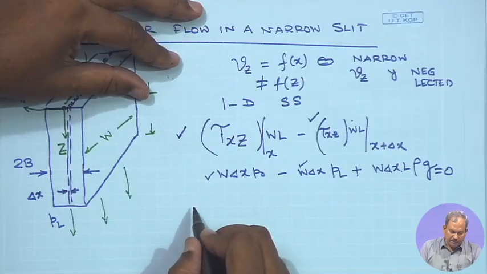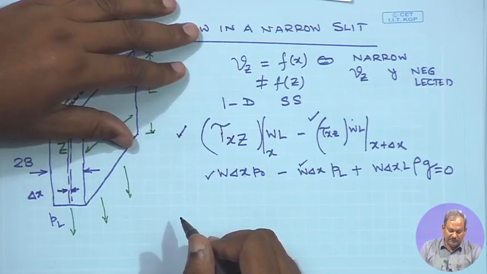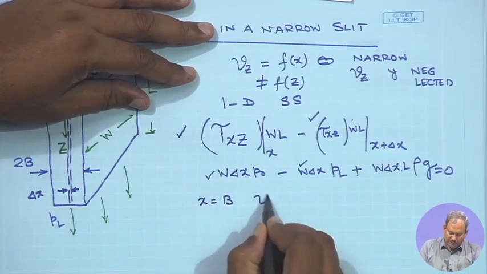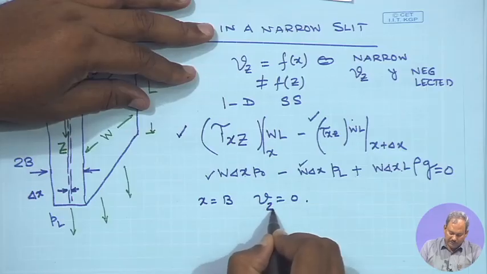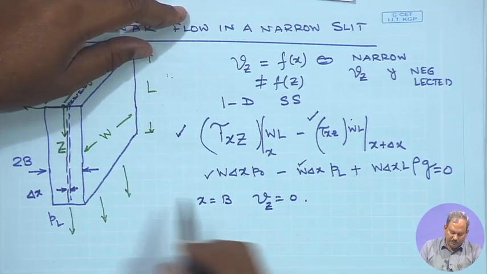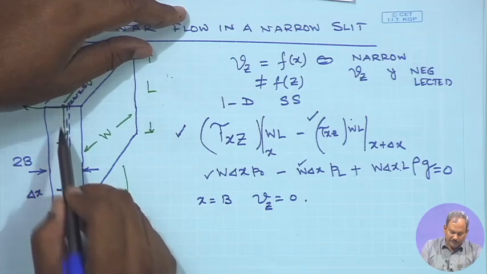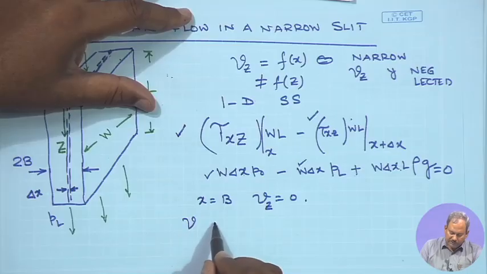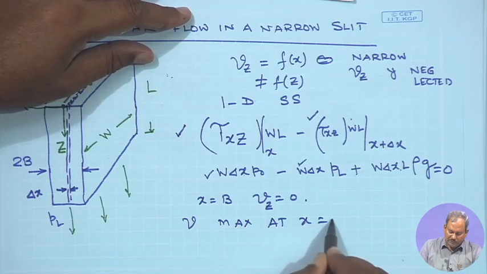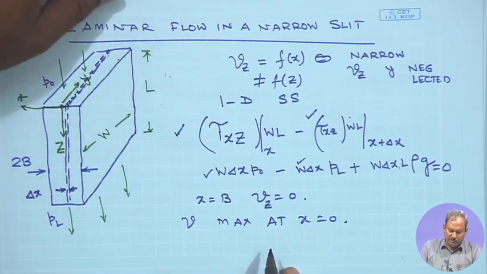What are the steps next, and the boundary conditions that one can use in this case is that at x equals b, the velocity is going to be 0, Vz is going to be 0, that is a no slip condition. And you can make another simplification: you can clearly see that the velocity is going to be maximum at x equals 0, because at the center plane the velocity is going to be maximum.